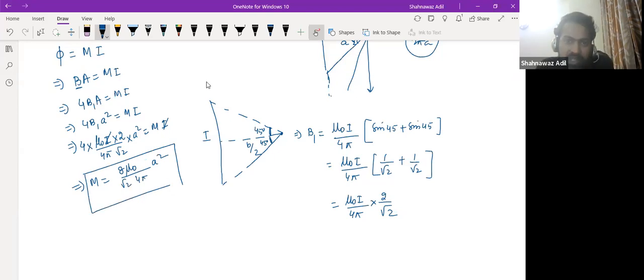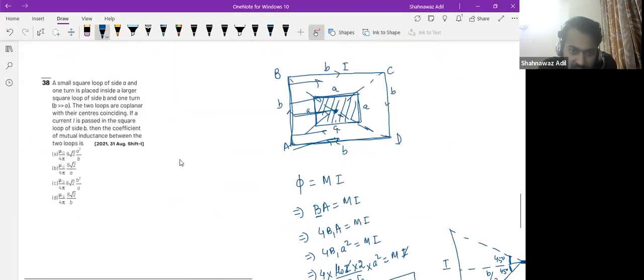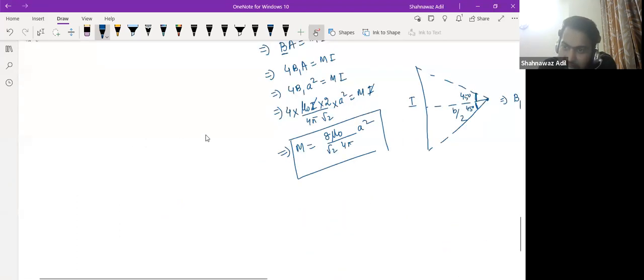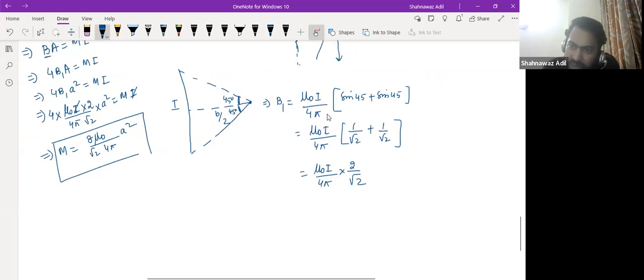So what are the options that we have? Mu naught by 4 pi and... Also, we had this b by 2 as well, so we didn't write this b by 2 in here. So this b by 2 is also there.